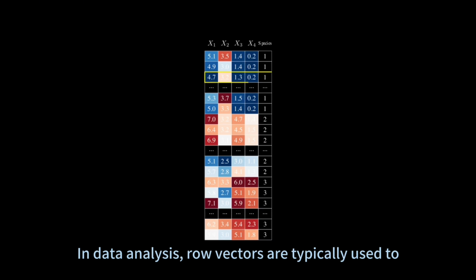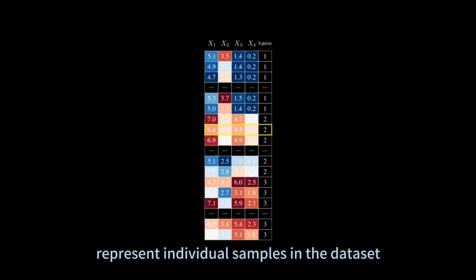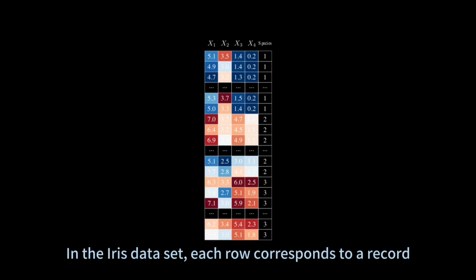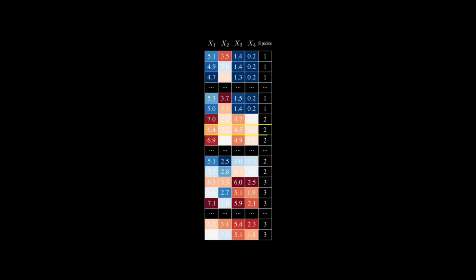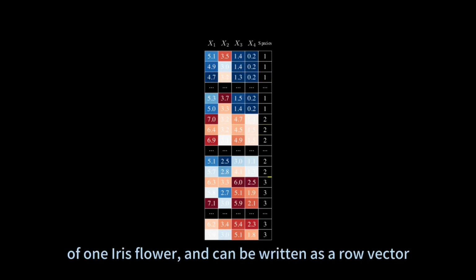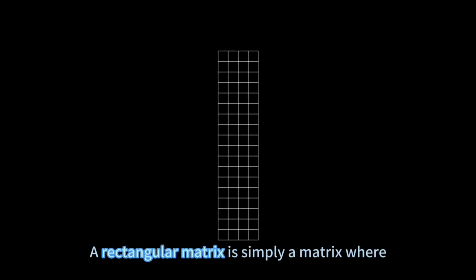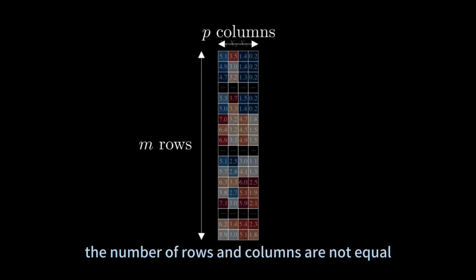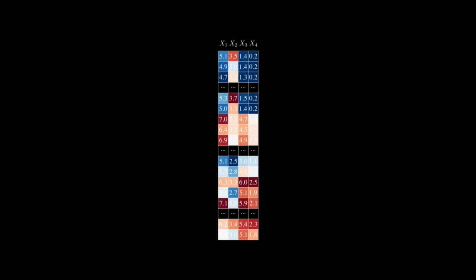In data analysis, row vectors are typically used to represent individual samples in the dataset. In the iris dataset, each row corresponds to a record of 1 iris flower and can be written as a row vector.